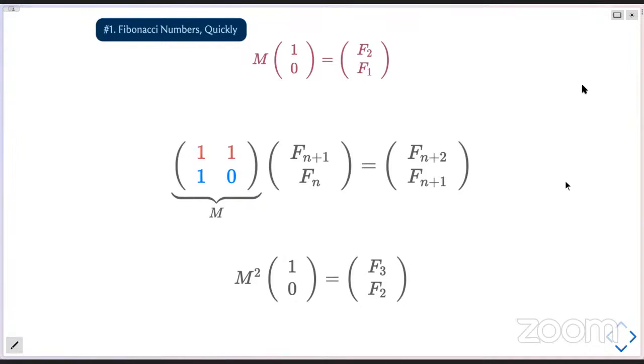I was asking about this context only, like the intuition to start thinking of consecutive numbers in a sequence as a vector, and how to connect these two seemingly disparate things. Yeah, that's a great point.